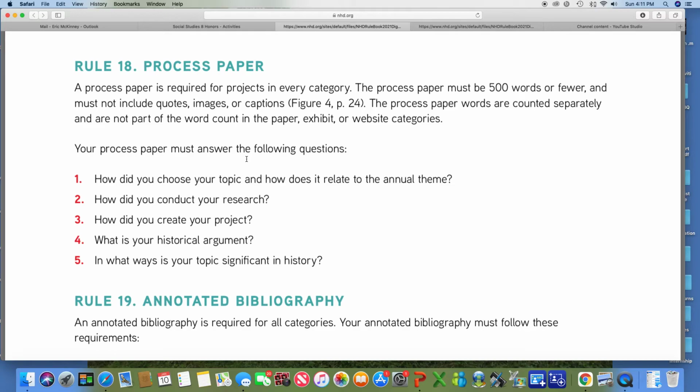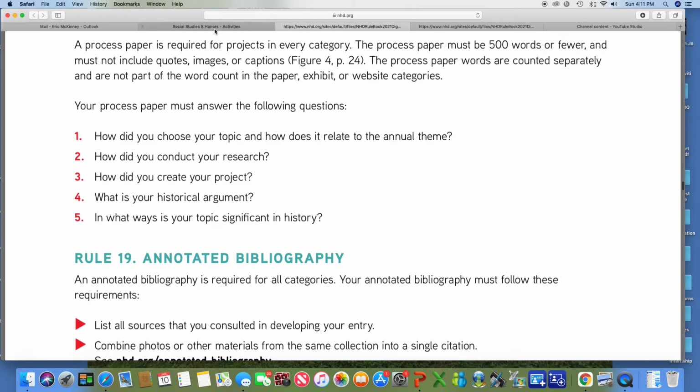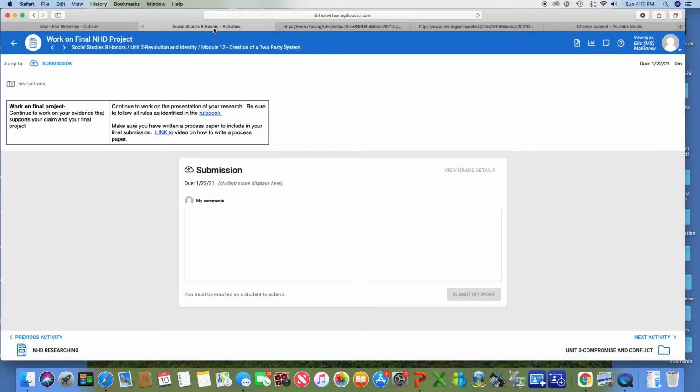So we've now got your title page, your process paper, then you're going to put your actual paper, and then the last thing you're going to do is your annotated bibliography. Now the annotated bibliography, you of course did turn one short one in of 2 and 2, but yours has to have at least 8 primary sources and at least 6 secondary sources.